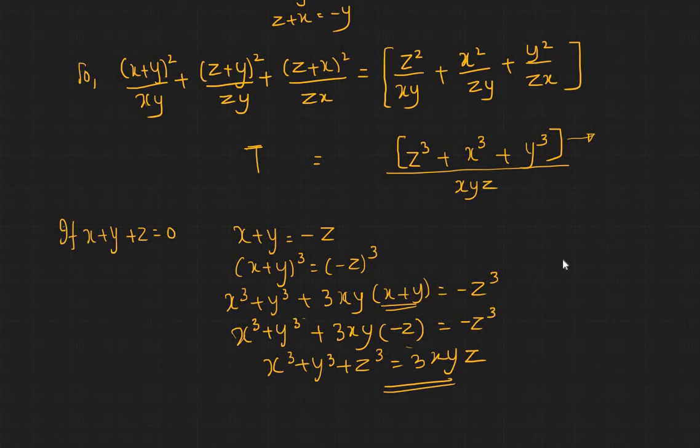I hope you could recollect what we had done in the cube problems video. If x plus y plus z is 0, then we saw that x cube plus y cube plus z cube was 3xyz. So using that idea, you can find the value of this by substituting it. That's equal to 3. So the answer to your question would be 3.